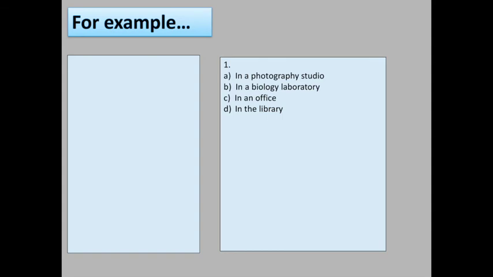Number 1. Look at these answers. They all start with in, and then they have the name of a location. So we can guess that number 1 is going to be a where question.